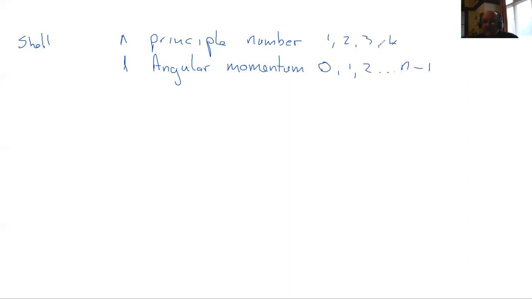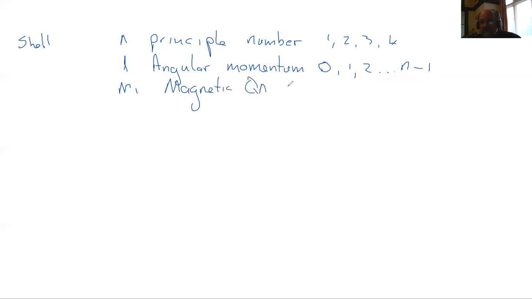So for 3, the maximum value is going to be 3 minus 1, which is 2. So angular momentum can be 0, 1, 2. But we're going to start with the lowest energy state, which is the 0, go to 1, then to 2. We also have ML, which is our magnetic quantum number.